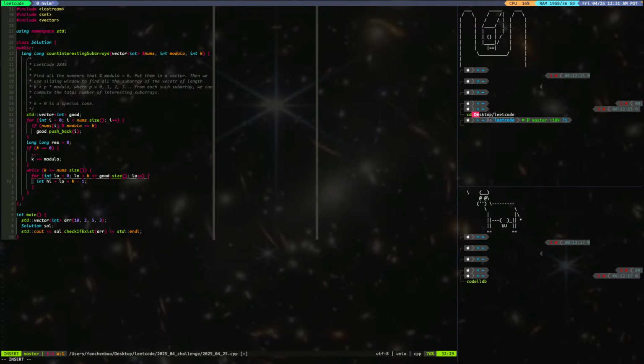So this is the two indices, one pointed to low, one pointed to high. Then we will go to the good array, and from the good array we'll find the indices, and from the indices we can compute.